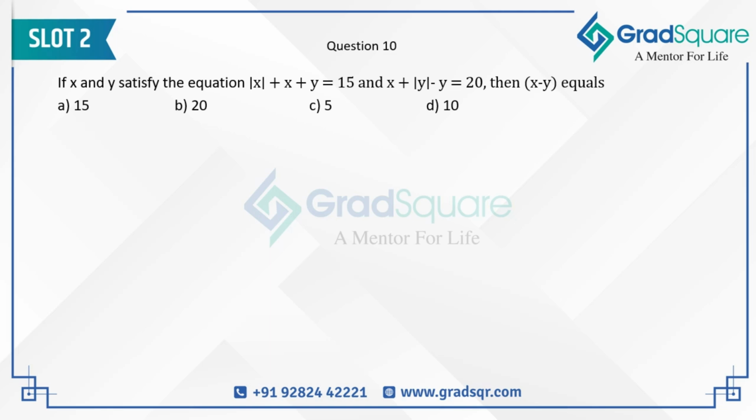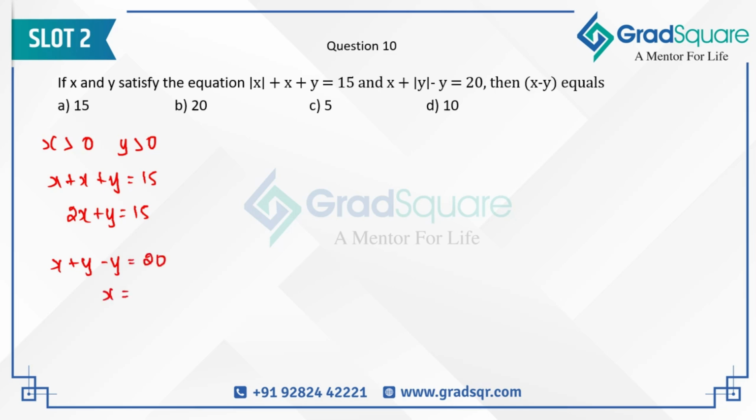Now I'm going to talk about the values inside the modulus. I'm going to keep both the values, that is x also to be a positive value and y also to be a positive value. Then the equations will become x plus y equal to 15, that will give me 2x plus y equal to 15, and in the second equation it will become x plus y minus y equal to 20.